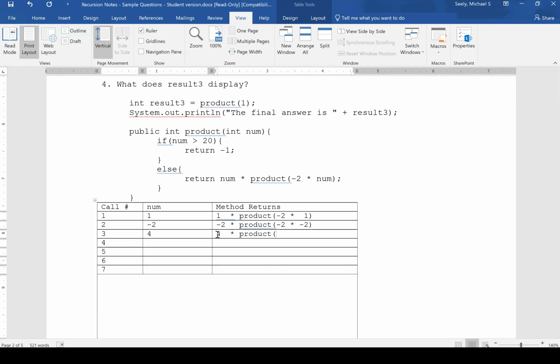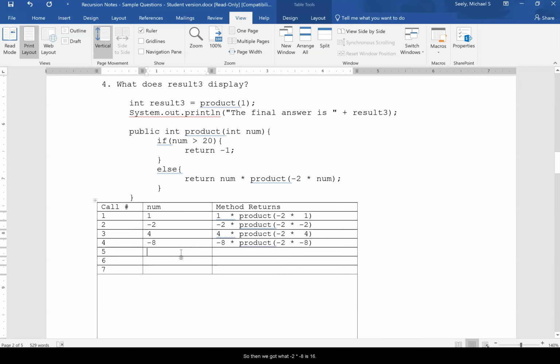So we got -2 times 4, which would be what, -8. So we got -8 times the product of -2 times -8. Sorry, this is -8. Let's mess that up.